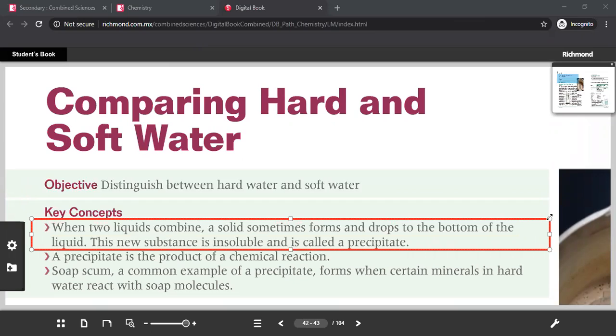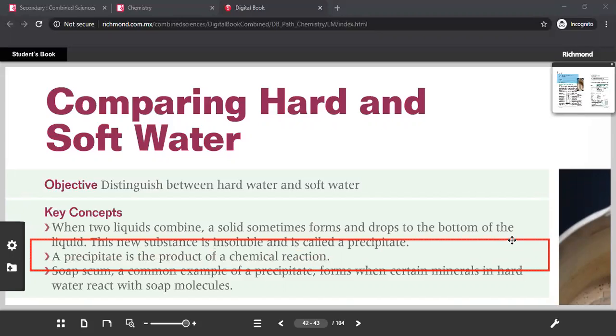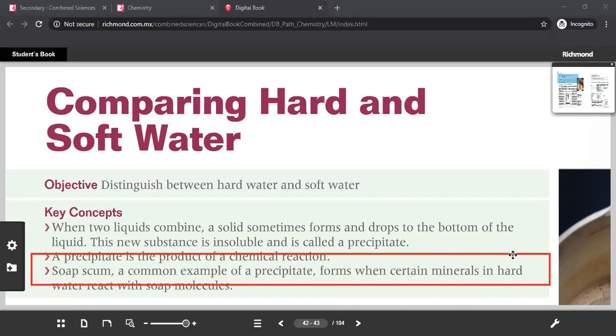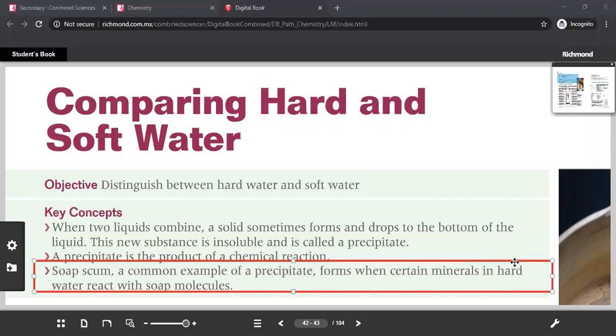This new substance is insoluble and is called a precipitate. So there is no solution, right? There is no solution, like a problem. Key concept number 2. A precipitate is the product of a chemical reaction where there is no solution, right? And soap scum.